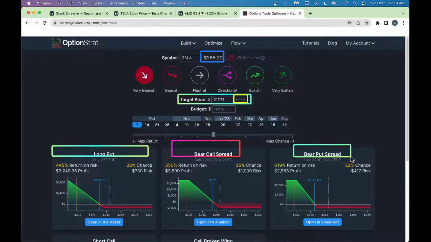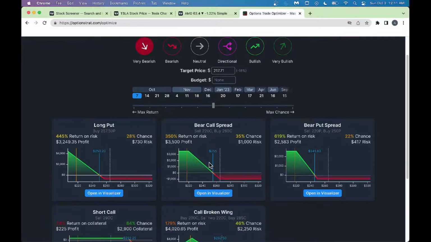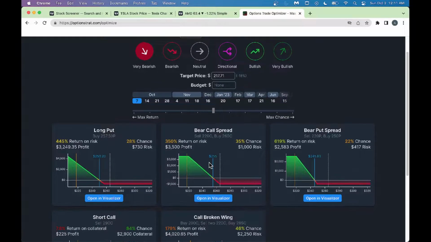And if you don't have too much money to play with, and you don't want to spend so much money, you can go into one of these spread strategies here. One of my favorite strategy is to go with the bear call spread strategy. So you don't make too much money here, but the bear call spread is working out pretty well in this market. You could also go to bear put spread here. For now, let's go into bear call spread here.